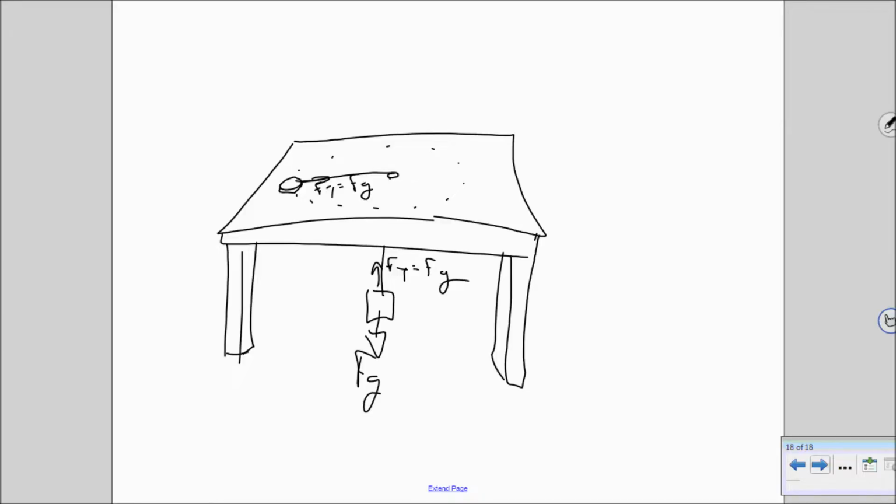And then you have to convert it over. Fg is capital M g, right? And the centripetal force on this guy, with little m, is little m v squared over r, right? Did I lose anybody there? Okay, so then you just set the two things equal to each other.